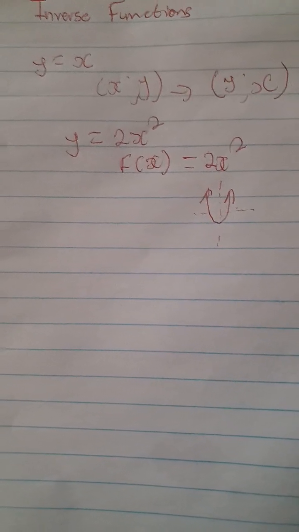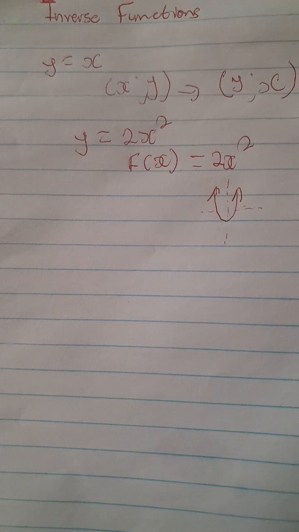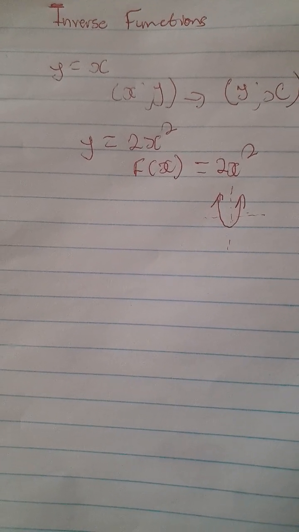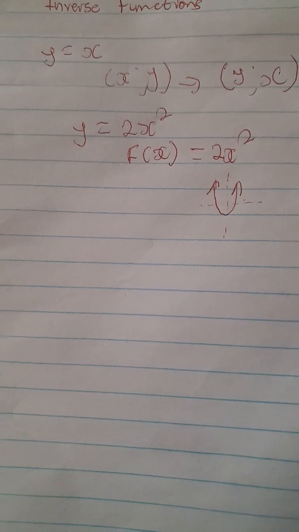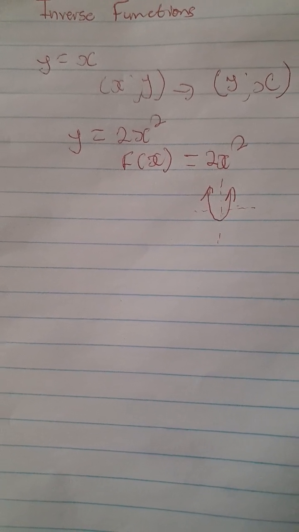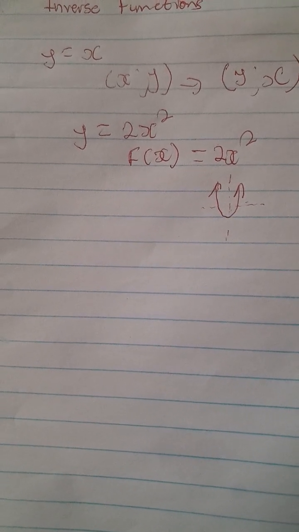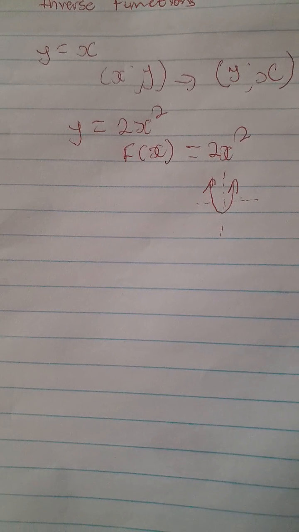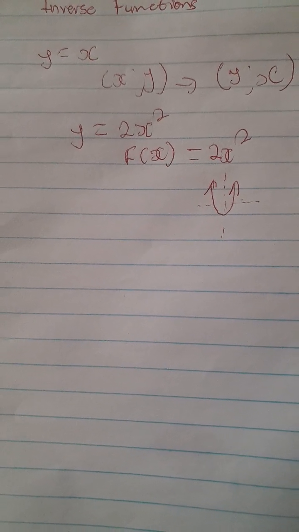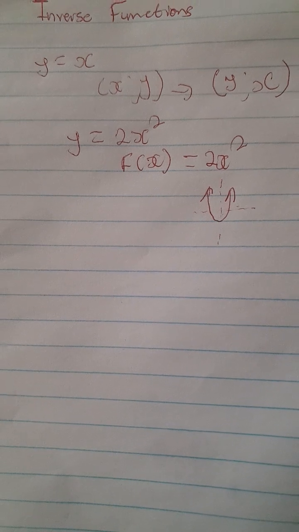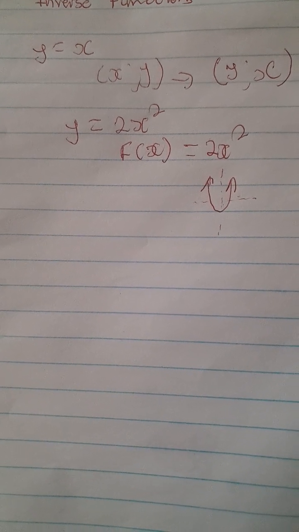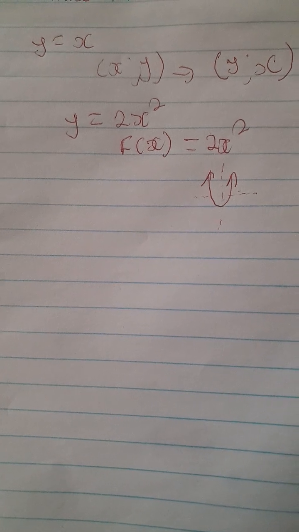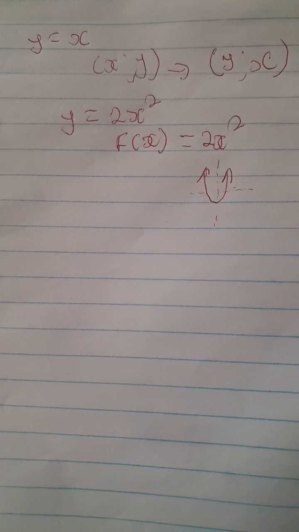Then let's go. Let's say they ask you this question: is the inverse of f a function? Then they will say, give a reason for your answer. No, it's not. Remember, a function must be one to one, so your answer will be no. This is the inverse of a many to one function. It's a one to many relation. That's how you can answer it when they ask you about the inverse of a parabola.